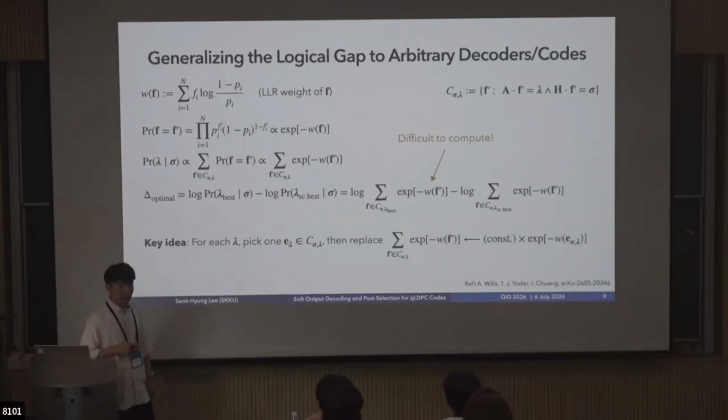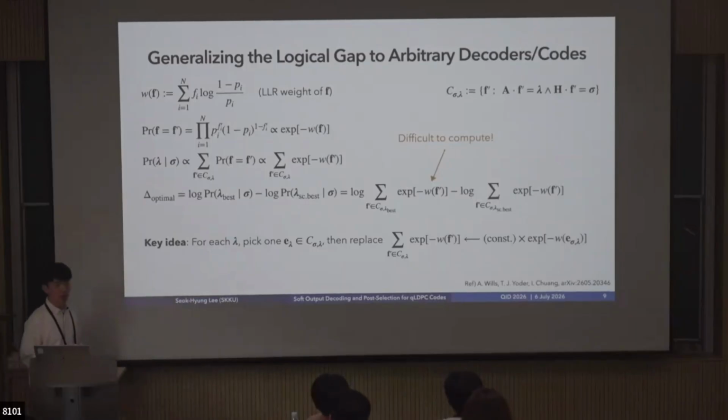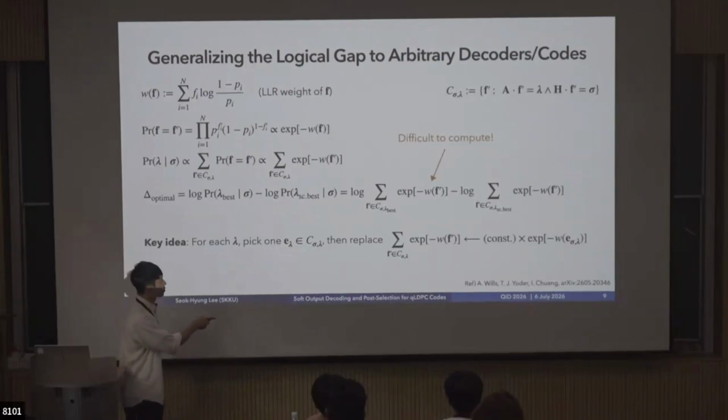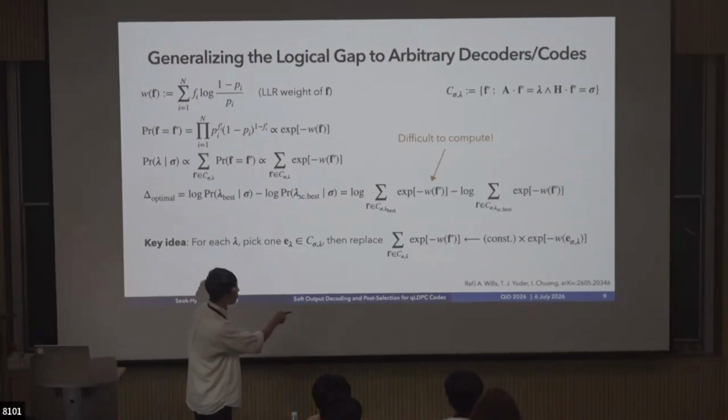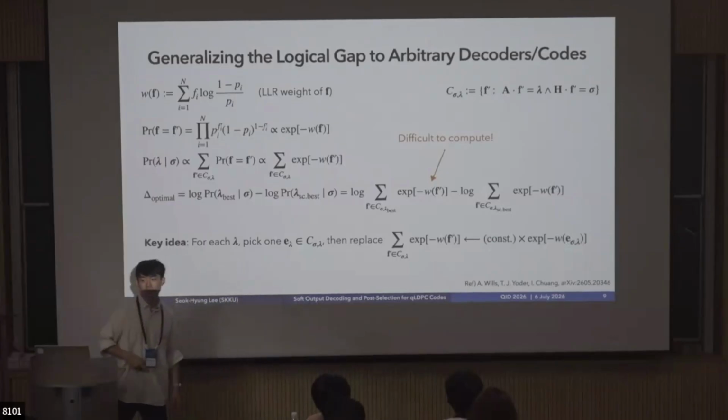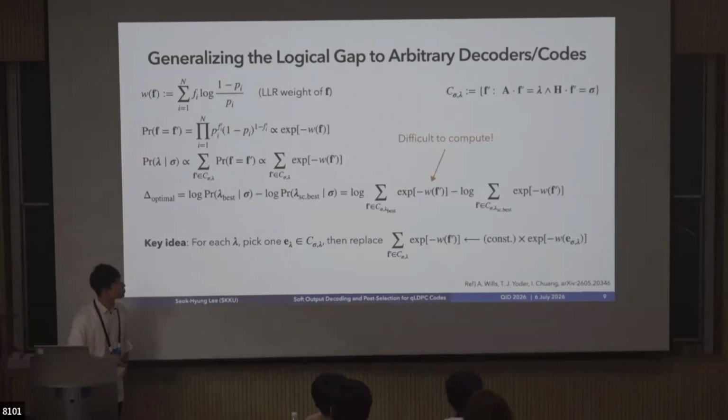So the key idea for approximation is, for each logical class lambda, pick one error vector, then replace this term with a constant multiplied by the exponential of minus the weight of that vector. That is the key idea. So what justifies this?